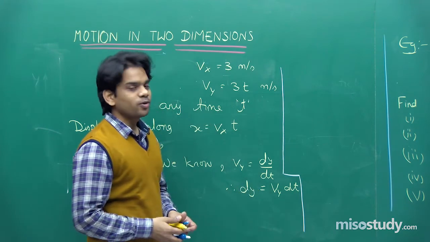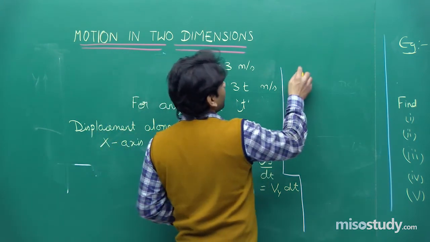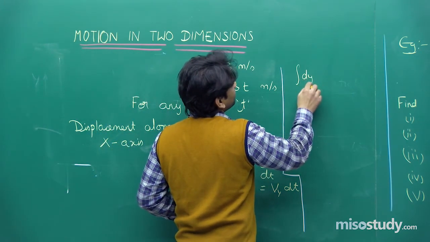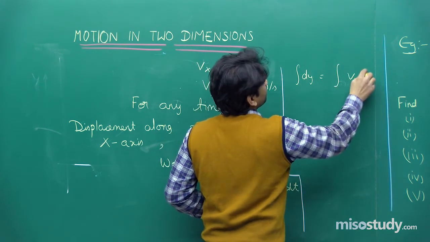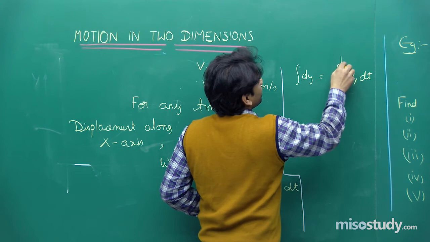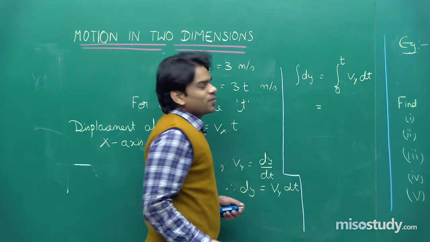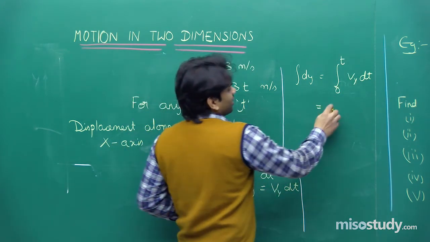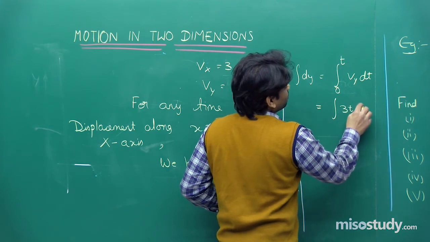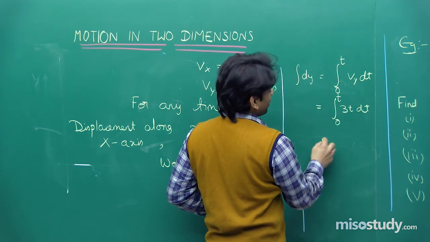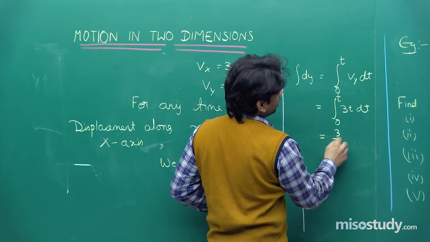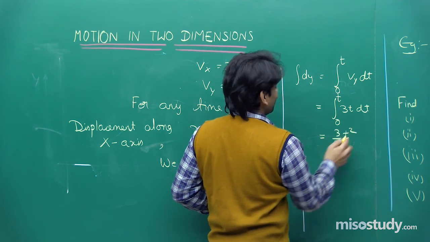So if you want to find the value of y, integrate both the sides. y is equal to the integration of vy into dt from 0 to t. Vy value is given as 3t, so 3t dt, substitute the value of velocity, you will get 3t square by 2. This will come out to be 3 by 2 t square. You can substitute the limit.